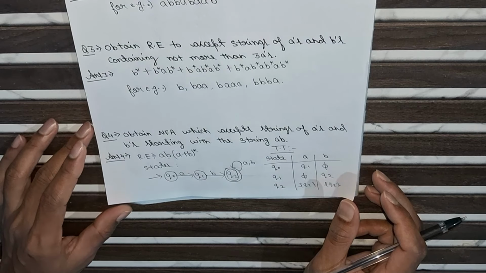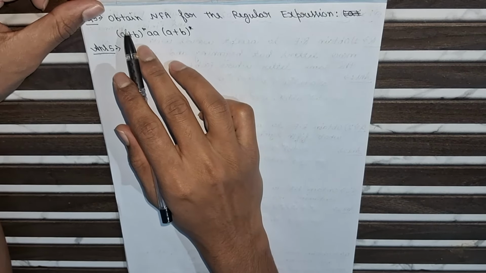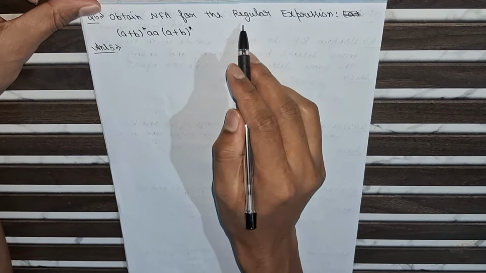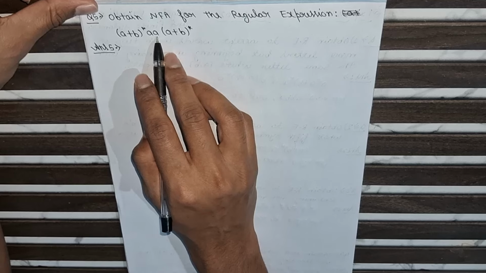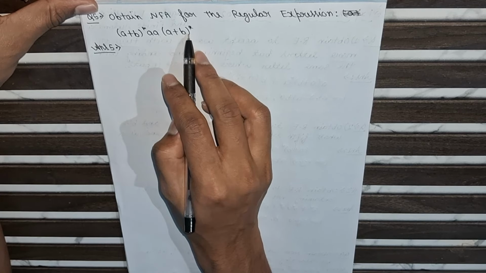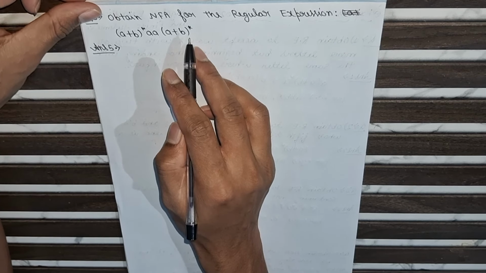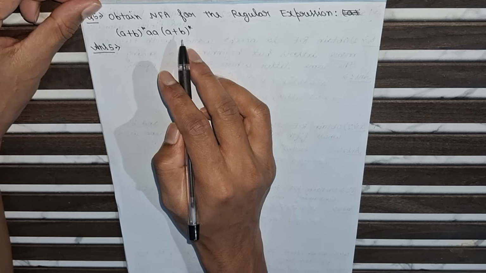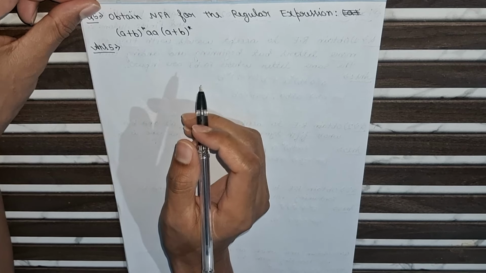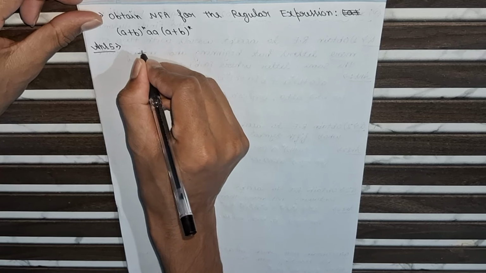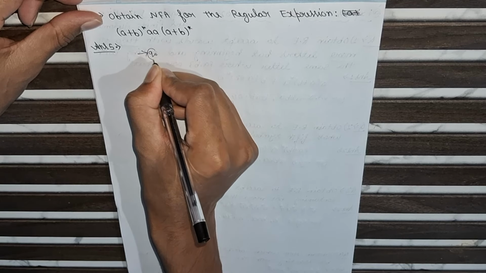Now we will move to our next question. In this question we have to obtain NFA for the regular expression (A+B)*A(A+B)*. So what we will do? First, we will find the transition diagram for the given expression. So firstly we will take the initial state q0.